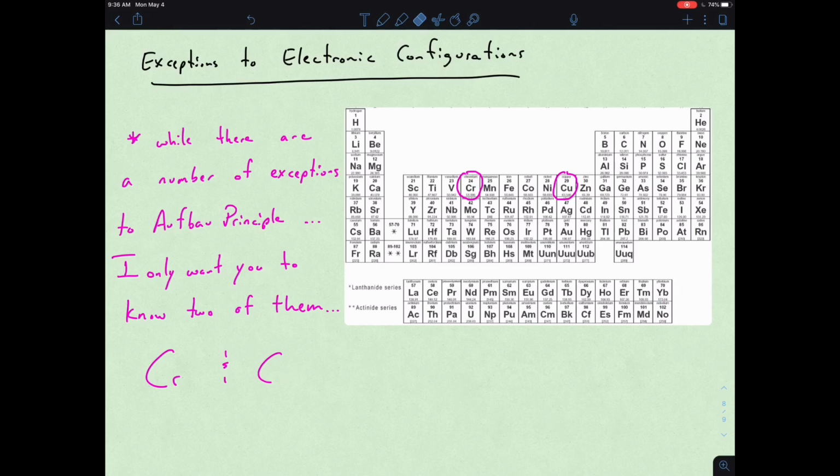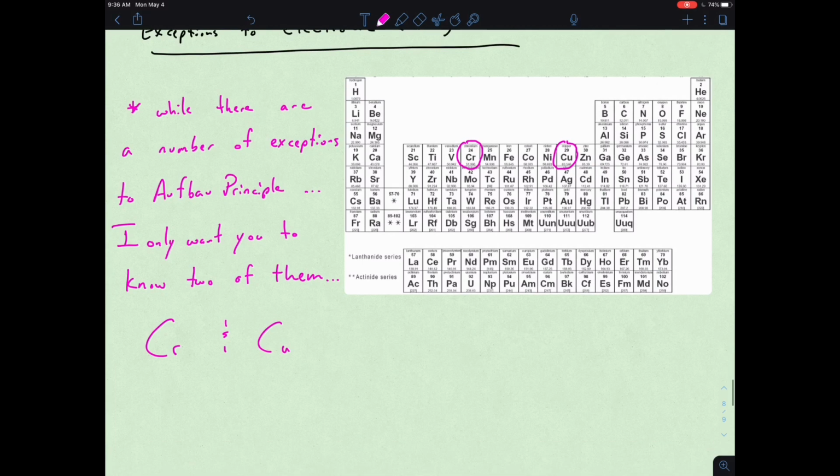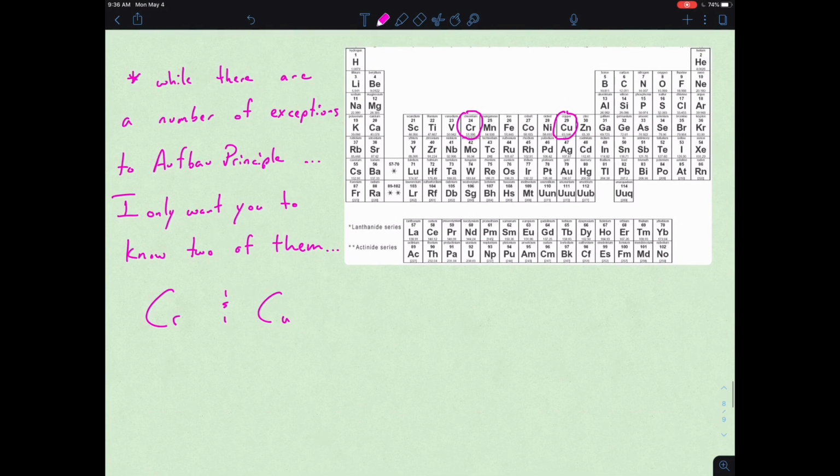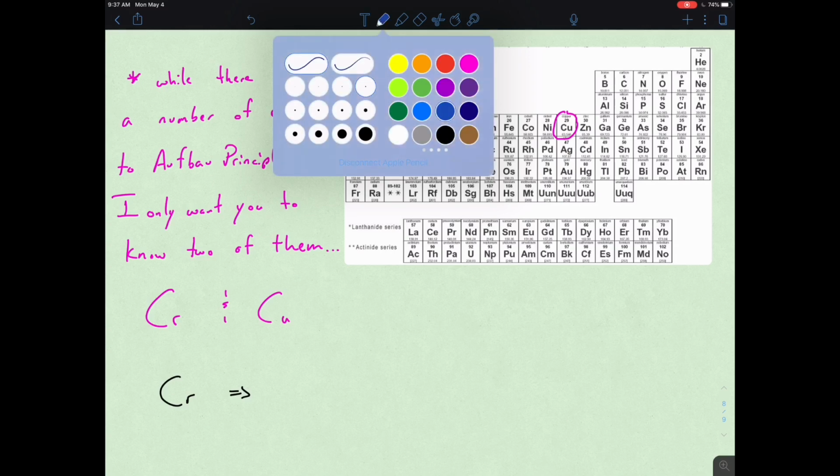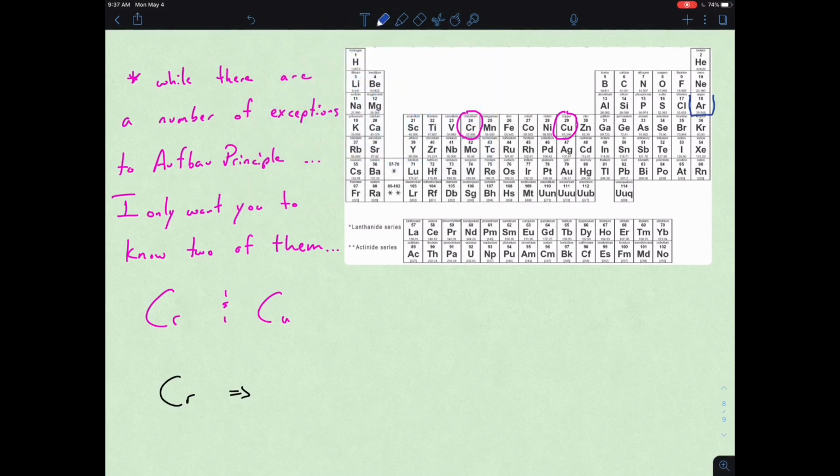If we were to look at their electronic configurations, I'm now just going a little bit faster here. For the chromium, chromium has that noble gas argon.